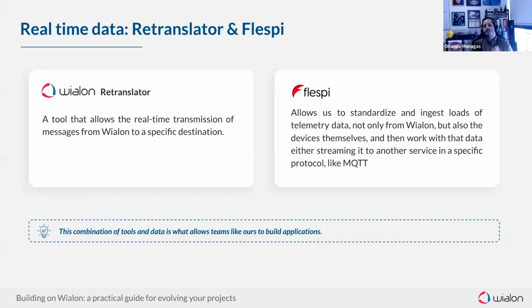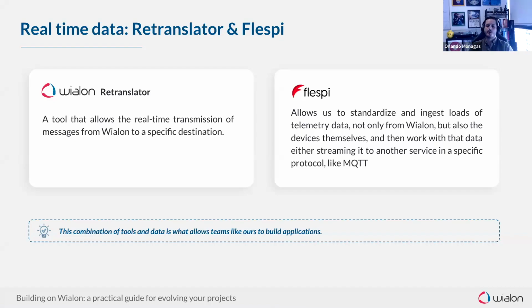So, for example, if you're dealing with a decent size fleet and the service requires real-time data, you might want to go for another option because the API limits might affect the project or the process will become inefficient. For that, Wialon has the retranslators, a tool that allows real-time transmission of messages from Wialon to a specific destination.